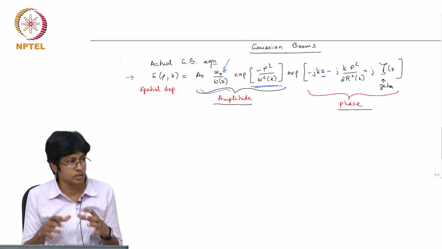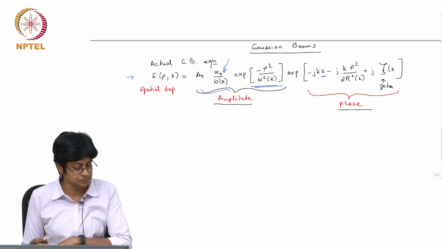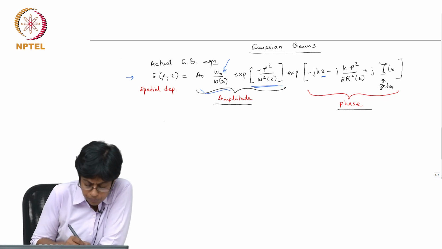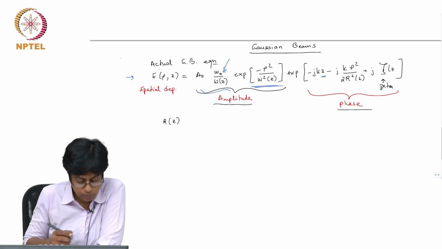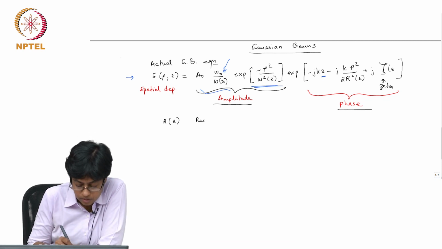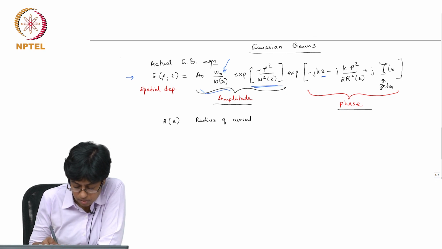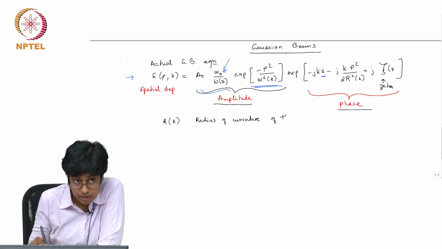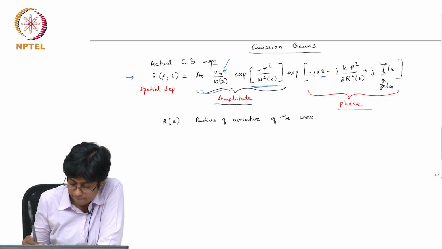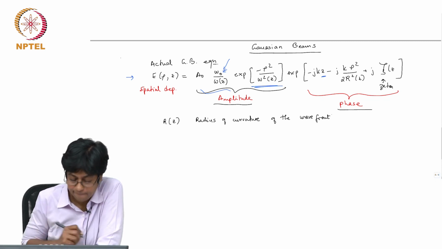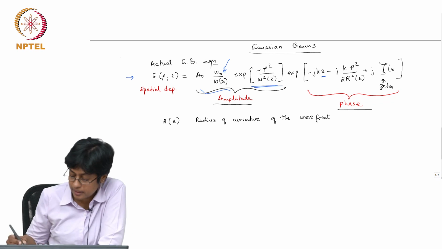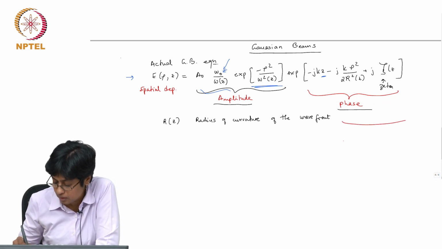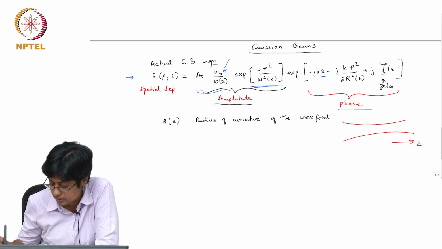But within this, you can see there are different terms. So we looked yesterday at R of z, which we call the radius of curvature of the wavefront, and to explain this, I had said, imagine you were looking at a Gaussian beam propagating along the z direction.